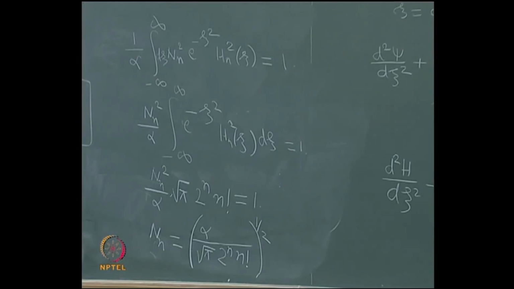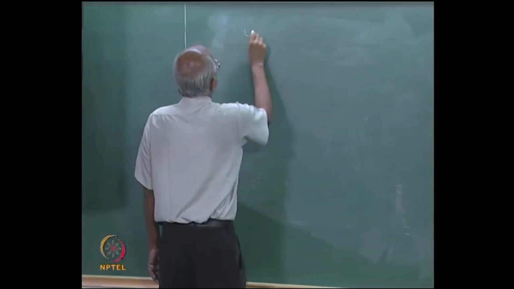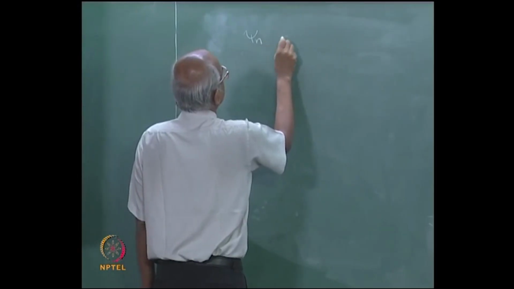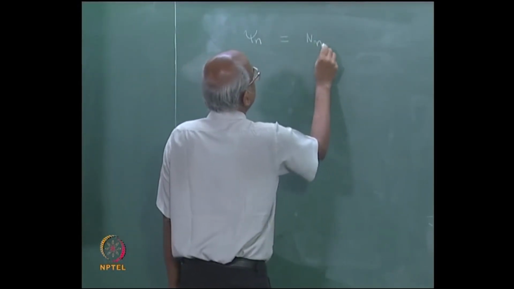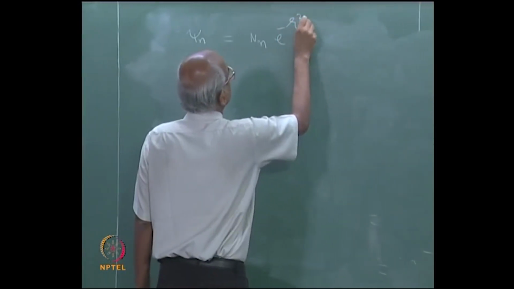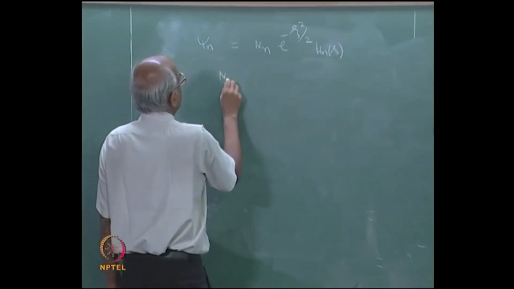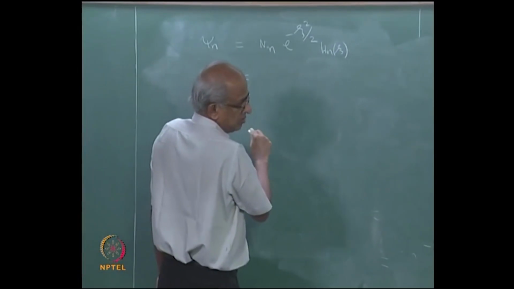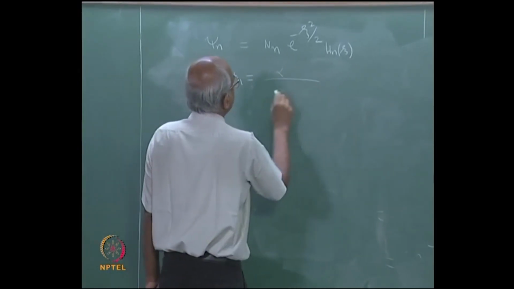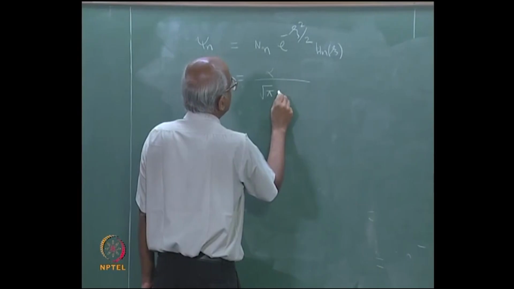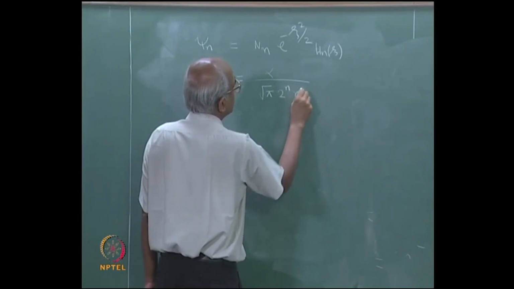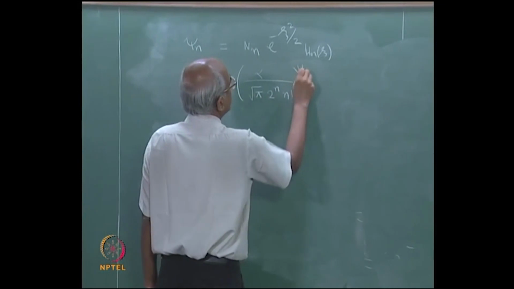And so, finally, what is the wave function for the nth state? The wave function for the nth state psi n is equal to N e to the power of minus c square by 2 Hn of c, and N is equal to alpha divided by root pi 2 to the power of n factorial, to the power of half.